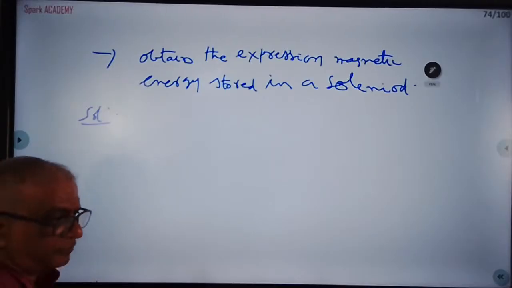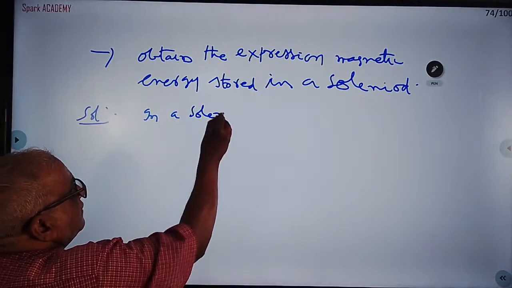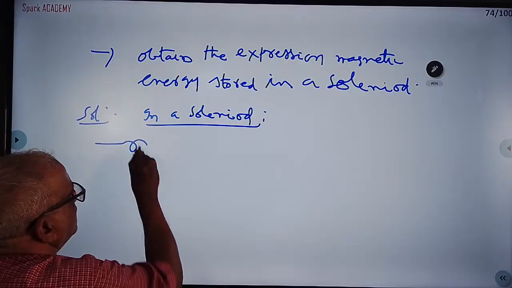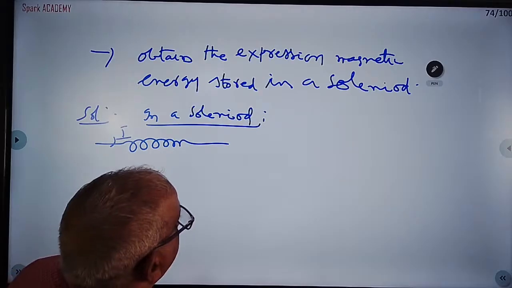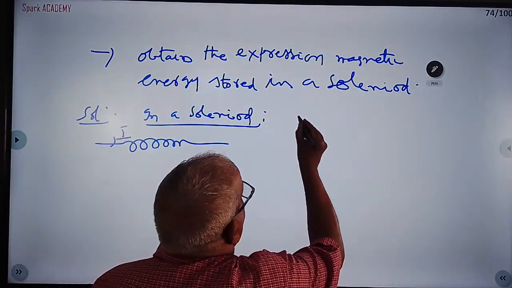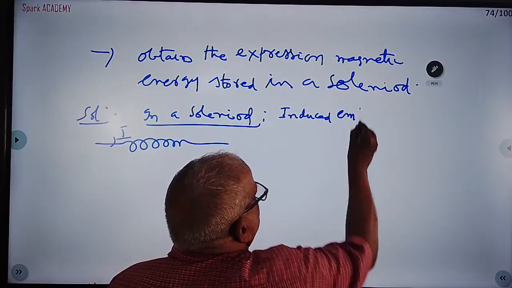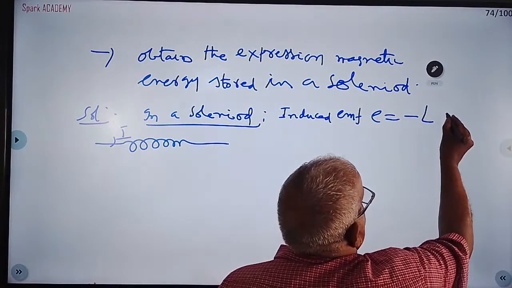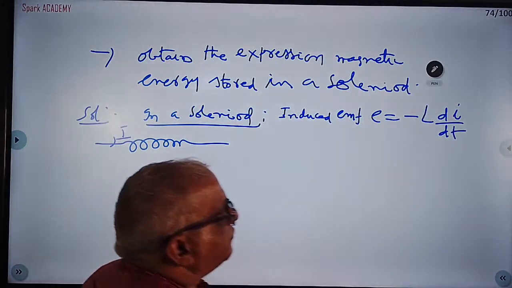In a solenoid, a long straight wire forming coils and carrying current, the induced EMF is given by minus L di by dt, where L is called self-inductance and di by dt is the rate of change of current.